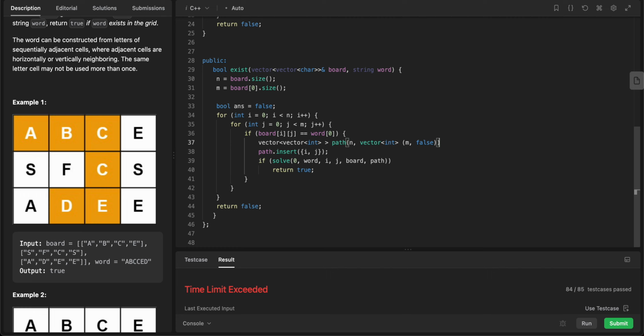Everything is initialized as false, so vector of boolean path n cross m false, path of I is equal to true. Creating a new one, mark it as true and pass the path.